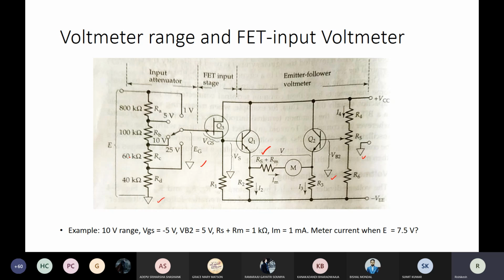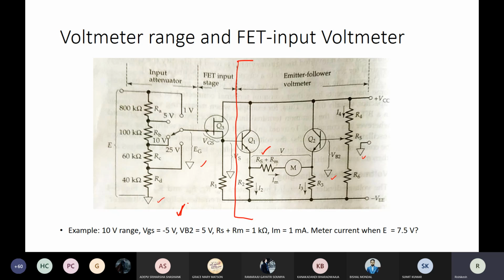What is done here is that the input voltage which is being measured is first divided by this resistance assembly connected in series, RA, RB, RC and RD, and these different values are such that this part is exactly the same as what we discussed previously. So we are now discussing this part.